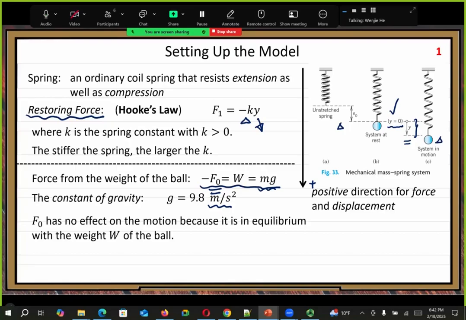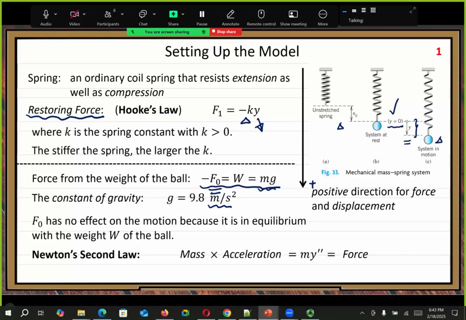Then Newton's second law, for the motion. Now we need to study the motion. Newton's second law: mass times acceleration, so m times y double prime equals the force.